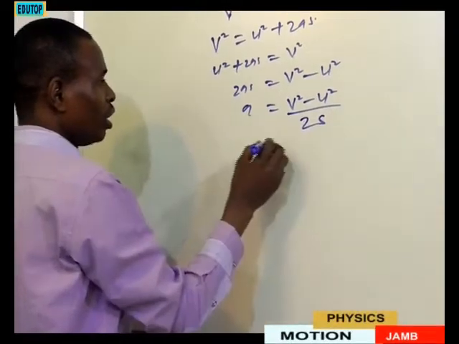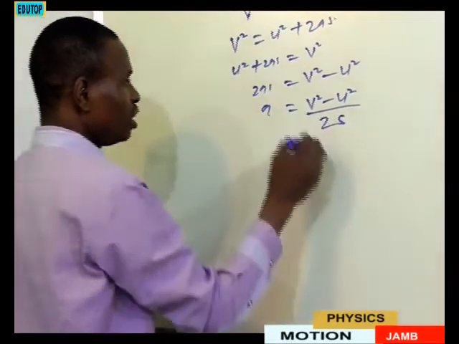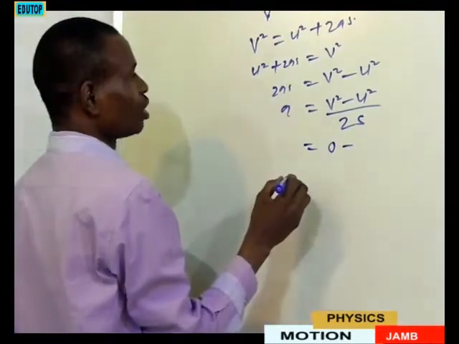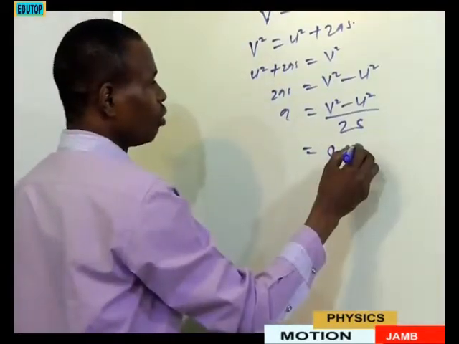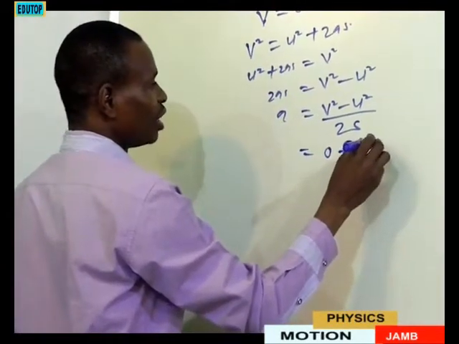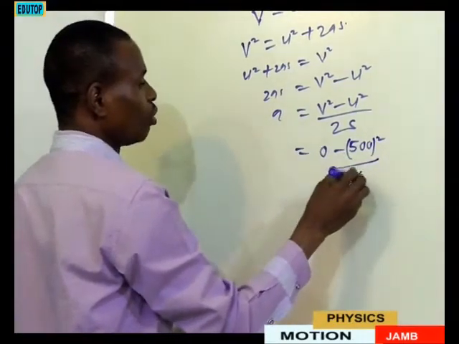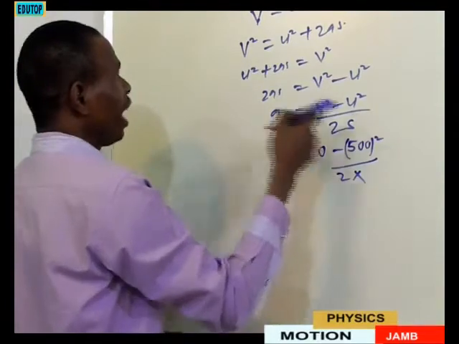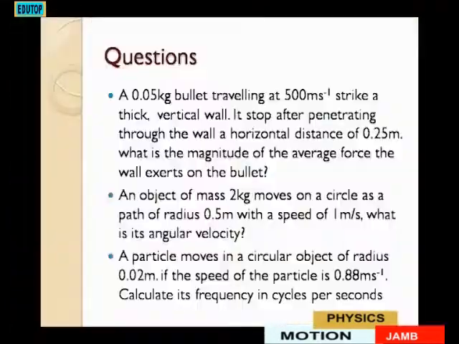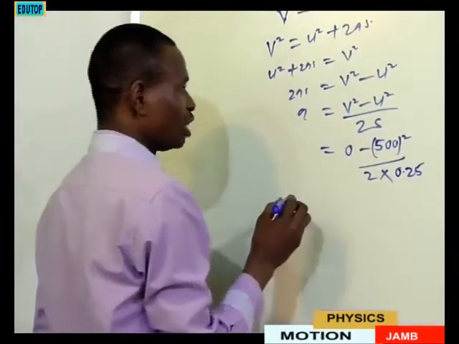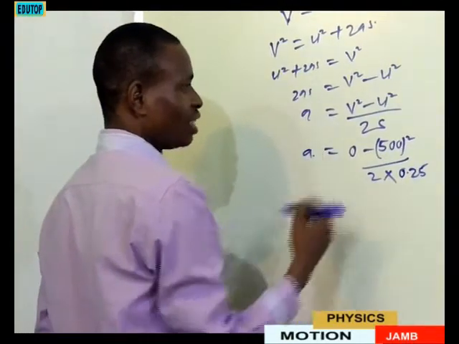2x. In this case, this is equal to 0 minus your u, 500, whole squared, divided by 2 times x. The x here is the distance which we have been given in the question, and the distance is 0.25 meter. So this is now our acceleration.